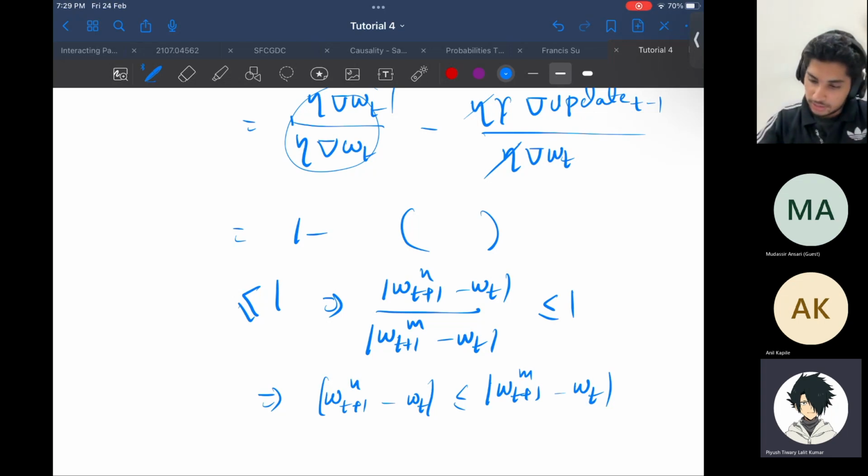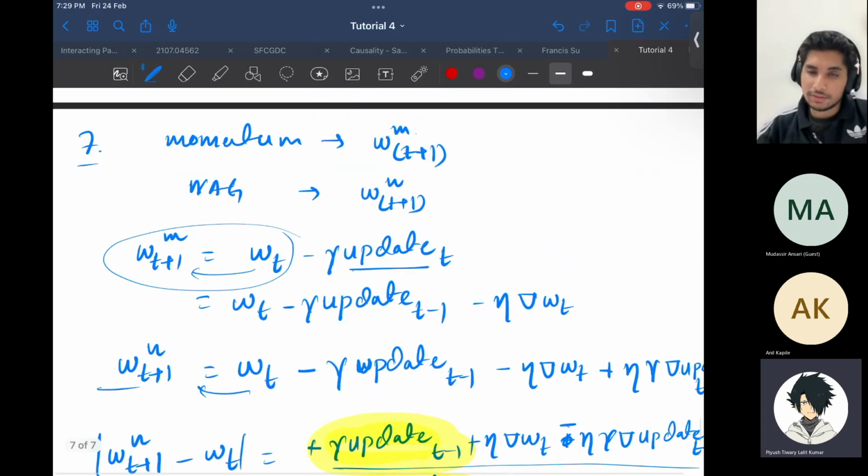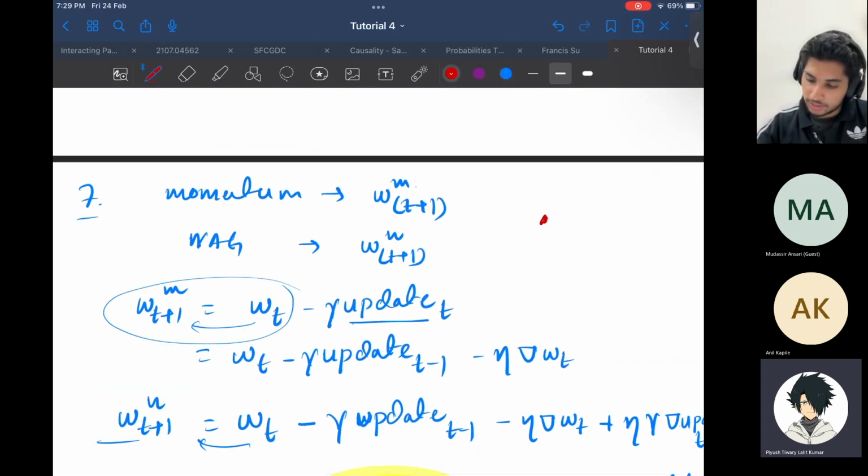So you didn't need to do all this mathematics. You could have just thought of it from a logical point of view. So this is wt, this is wt plus 1 m, and this is wt plus 1 n.